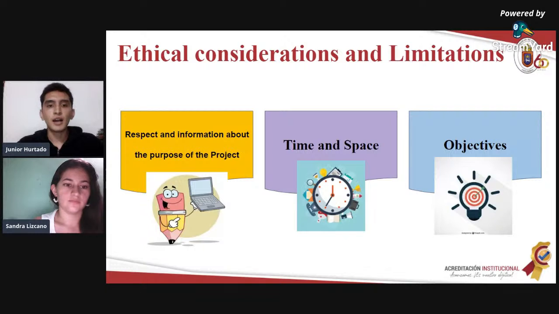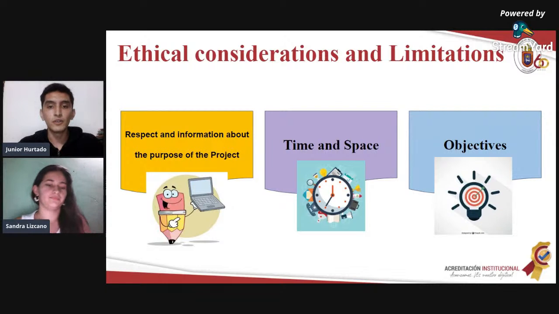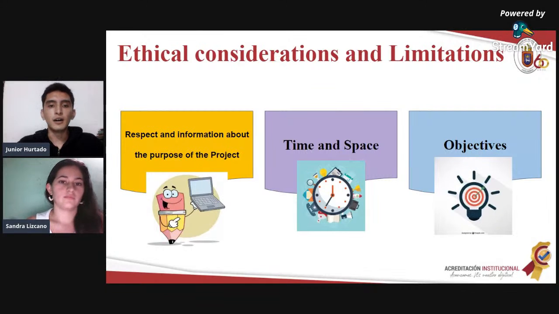According to the space, the participants will be informed about the use and the purpose of the information that will be collected in order to obtain the full consent of the participation, and finally the considerations about anonymity will be taken into account.